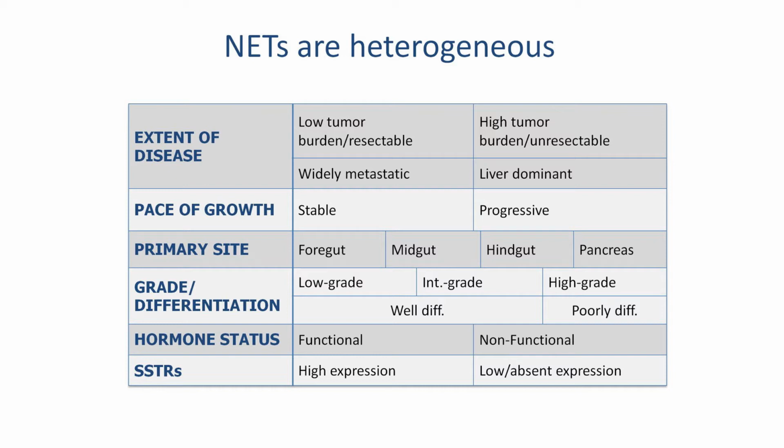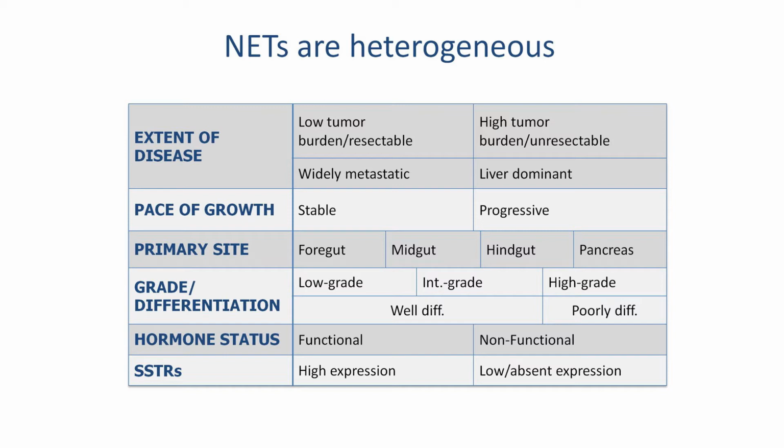We need to work out where the primary site is, and I apologise for our embryological nature in medicine, but we often divvy these things up into foregut, midgut, and hindgut, and then pancreas. We've touched on the role of grade from the pathologist, who I do occasionally meet.